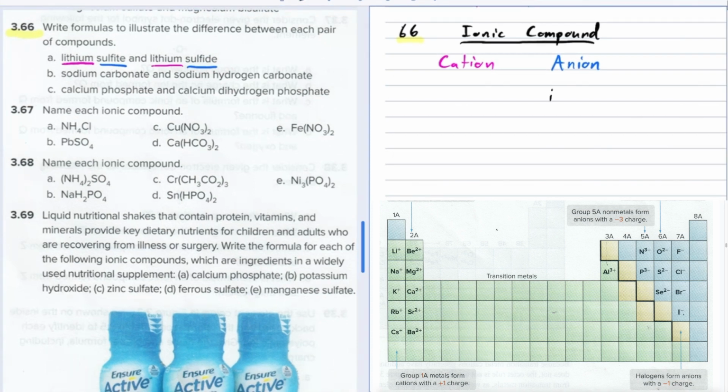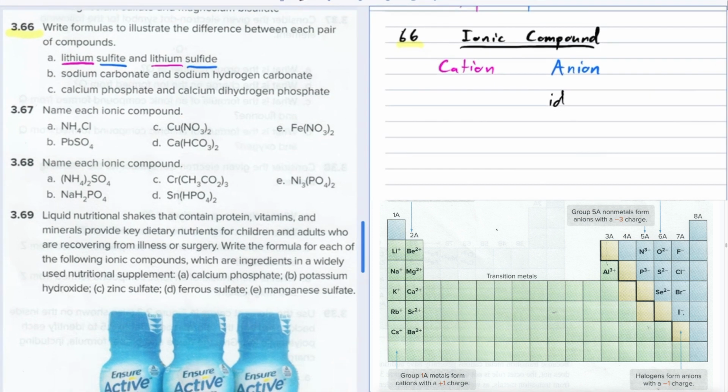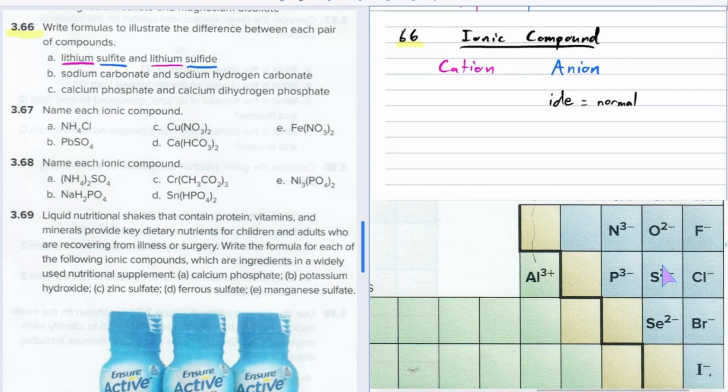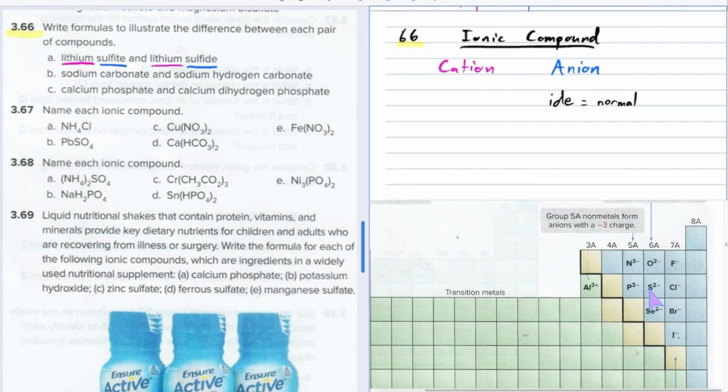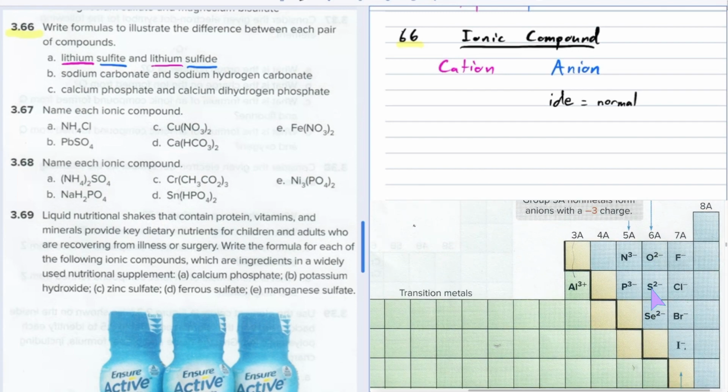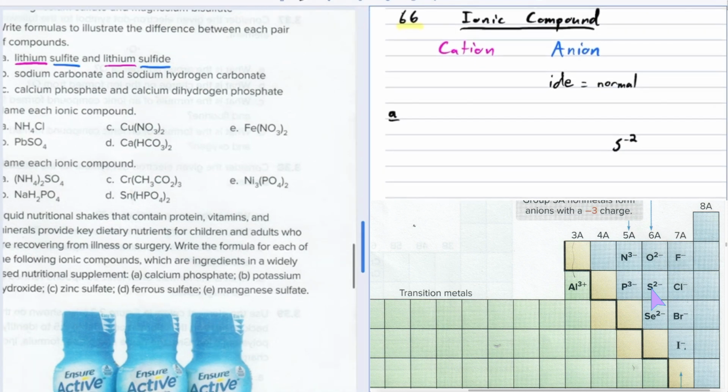So "ide" equals normal, and it's easy to look up what sulfide is. It's just the normal ion that sulfur likes to form. Sulfur is in the -2 column. And so for A, when you're talking about sulfide, that's going to be S minus 2.